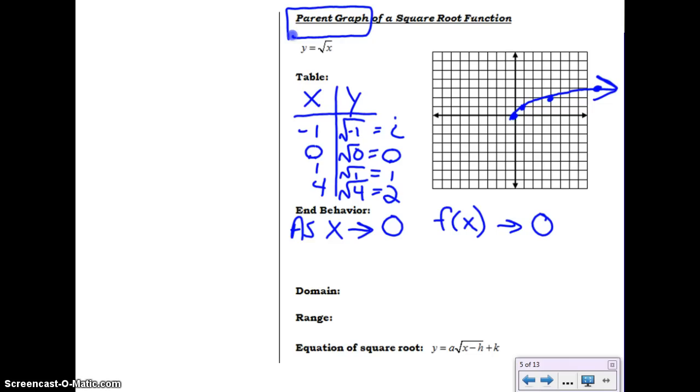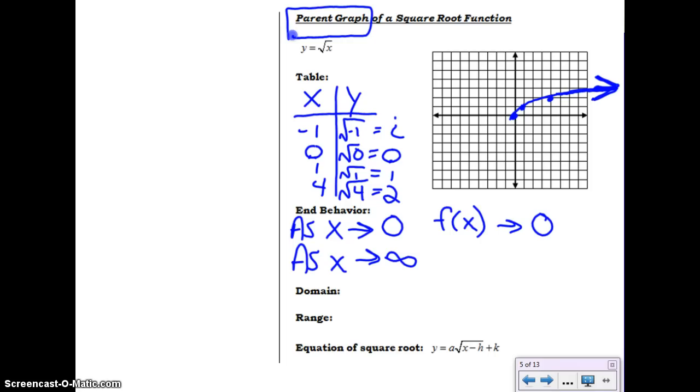If I look at the right side, as x goes to infinity, I actually do have an arrow on the right side, and my arrow is going slightly upwards. It's going to keep getting higher, it's just very slowly. So if you guys look over here where this arrow is, it keeps going up, but it goes up kind of slowly.